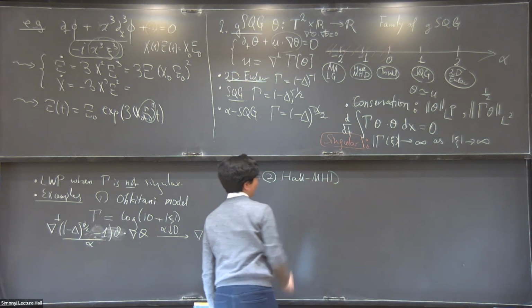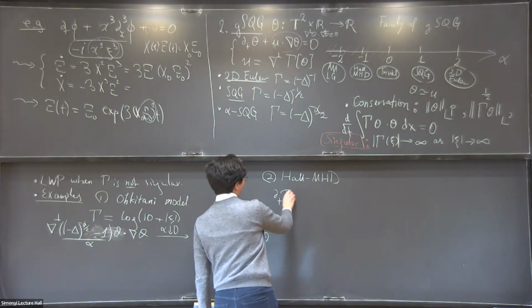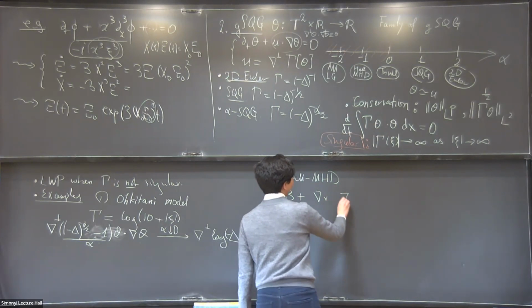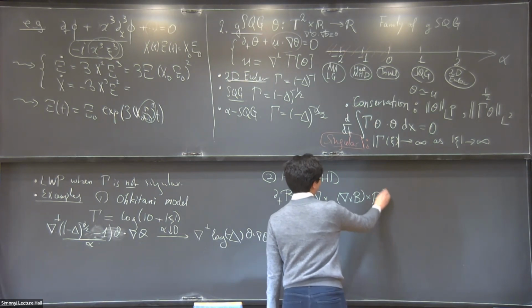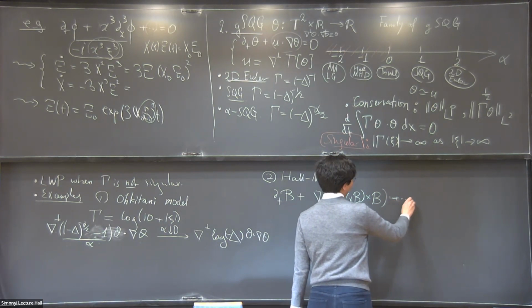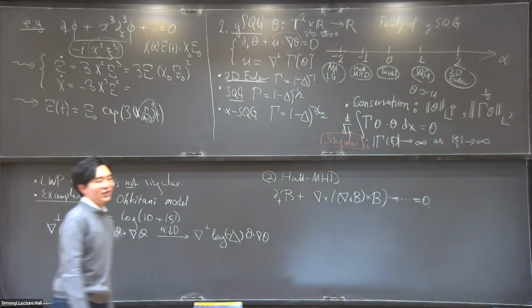And then there is this whole MHD equation. I'm not going to write down the full system, but the important part of this equation is this funny bilinear form. So B is a vector in 3 space. So this is the whole MHD equations.